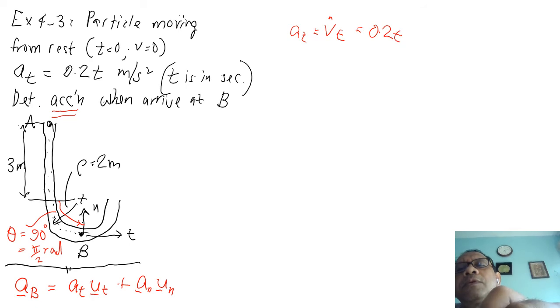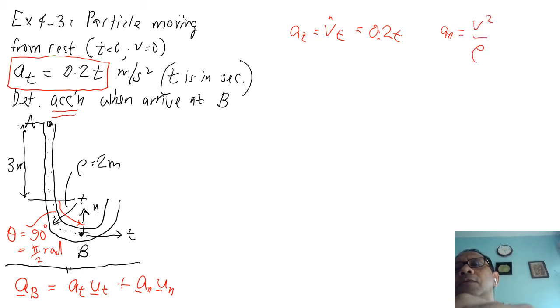It's given, because it's there. And a_n is equal to v square over rho. Rho is given because we know that rho is 2 meters. This v is not known, so this is one of the parameters that we need to find.